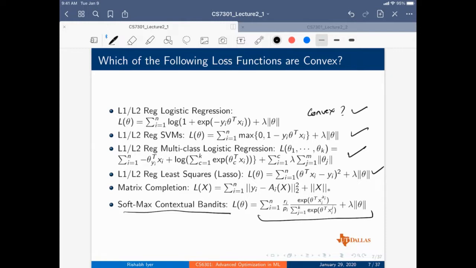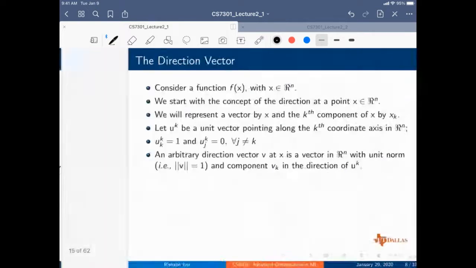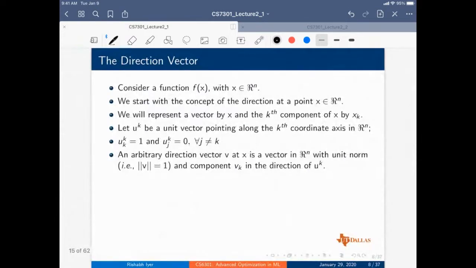One of the conditions people looked for in the pre-deep learning era was convexity of loss functions because you can then provably show guarantees. Only after deep learning came was there a realization that even if it's non-convex, it still works. Okay. Any other questions?